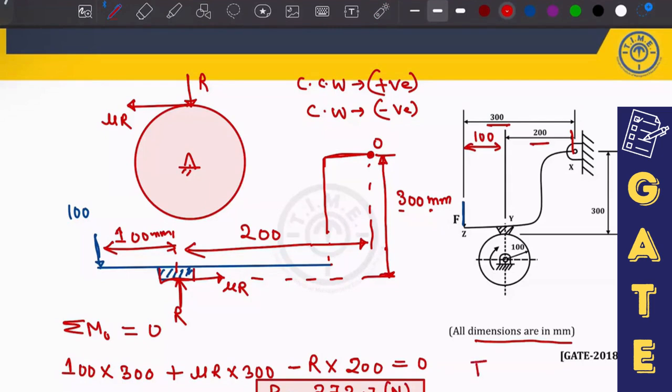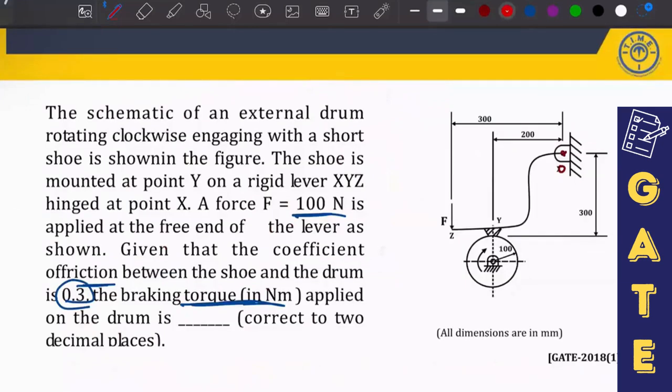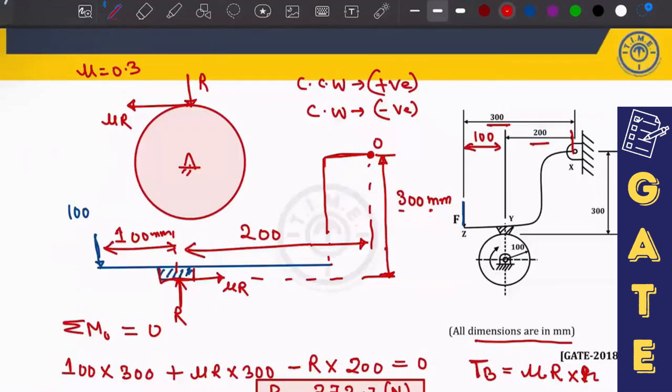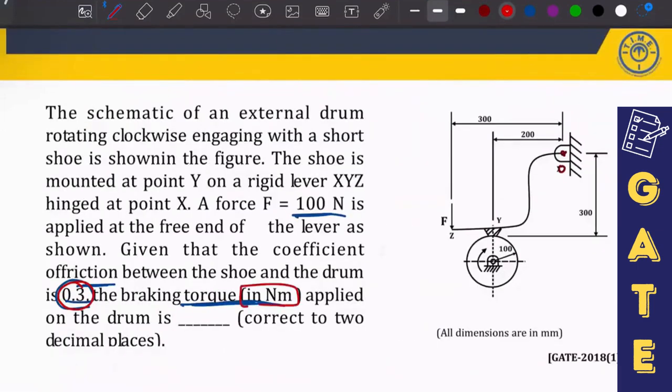If you want to calculate the braking torque, what is the value of braking torque? Mu into R into small r. The mu value is already given, you can see here 0.3. So 0.3 into 272.7 into the radius. What is the radius? Radius is given as 100, so can I say this is 0.1? Can anyone please tell me the braking torque, the magnitude as well as the unit? Because you have to answer in Newton meter. Please focus on this.